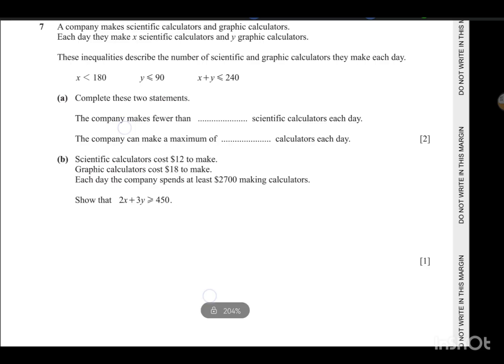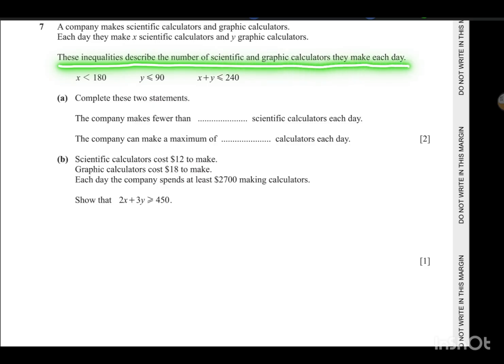Question number 7. A company makes scientific calculators and graphic calculators. Each day they make X scientific calculators and Y graphic calculators. These inequalities describe the number of scientific and graphic calculators they make each day. X is scientific calculators, so they make fewer than 180 each day, that is X less than 180.